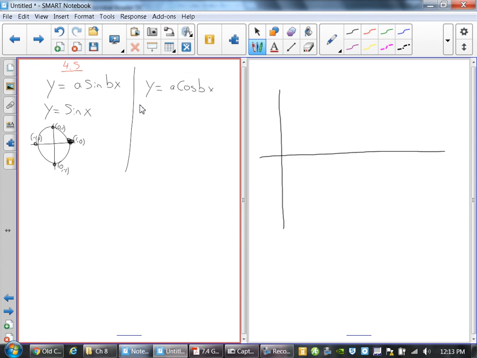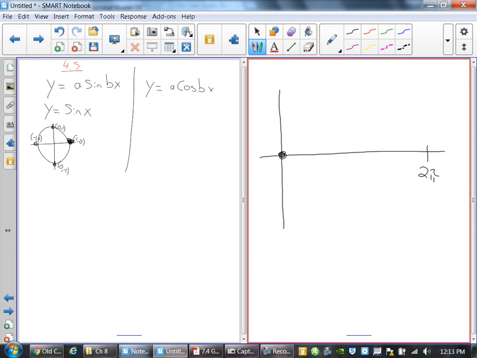In the time that it does that, it goes from 0, pi over 2, pi, 3 pi over 2, and then 2 pi. So you start at 0, you end at 2 pi for 1 revolution. One time around goes from 0 to 2 pi. That would be your standard period. Okay? To go around the circle.